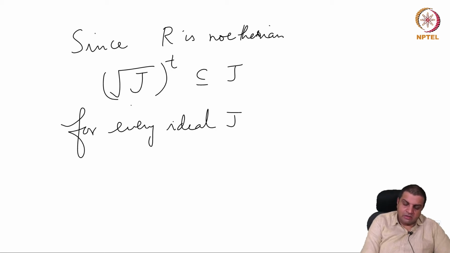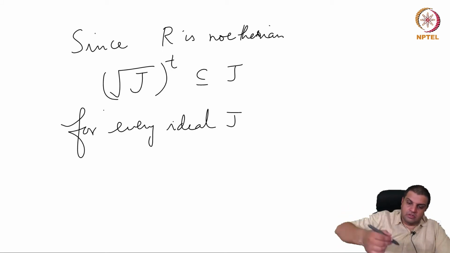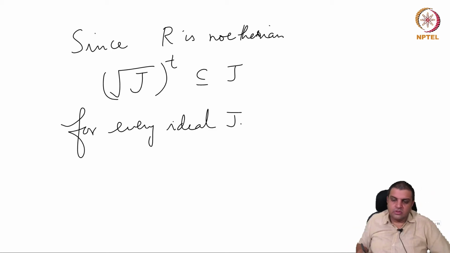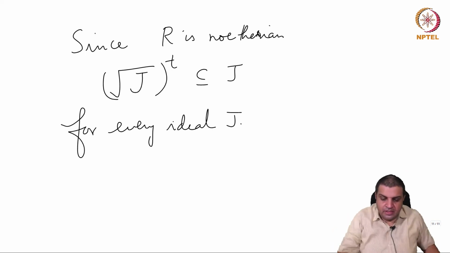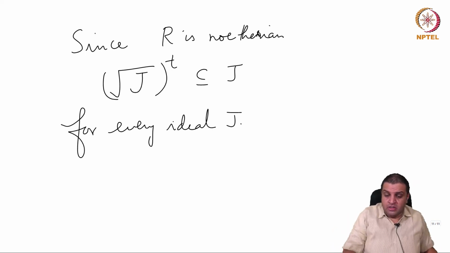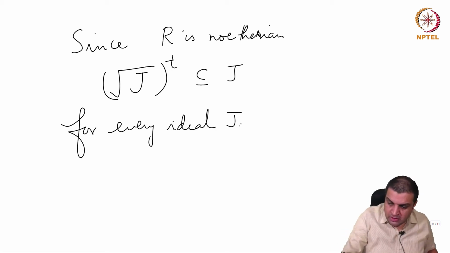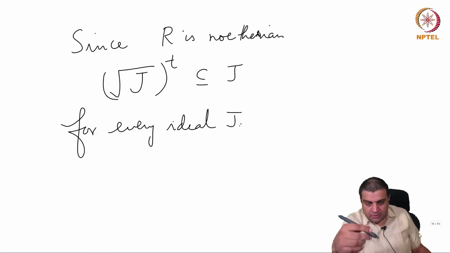If it is finitely generated by, let's say, x1 through xn, then x1 to some t1 is inside J, x2 to some t2 is inside J, and then we can take some very large power, and then an arbitrary linear combination of the x's will also be inside J. All that is used here is that this ideal is finitely generated. So R is Noetherian, therefore for every ideal J this is true. So this proof gets 3 from 2.